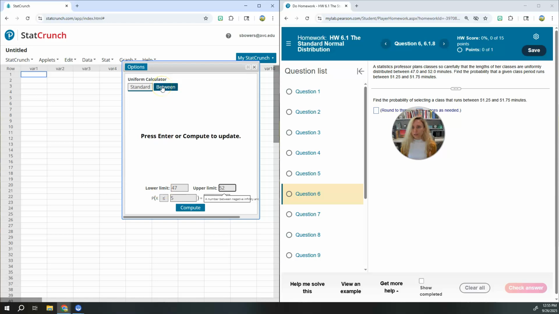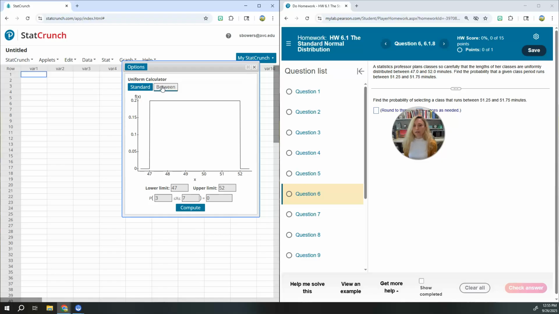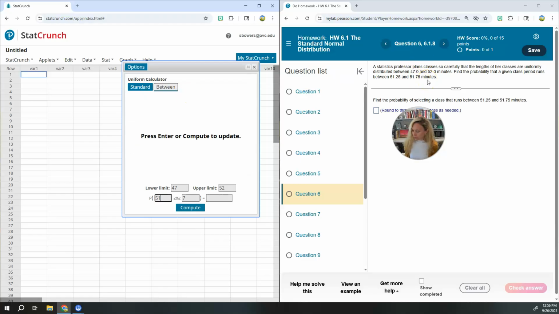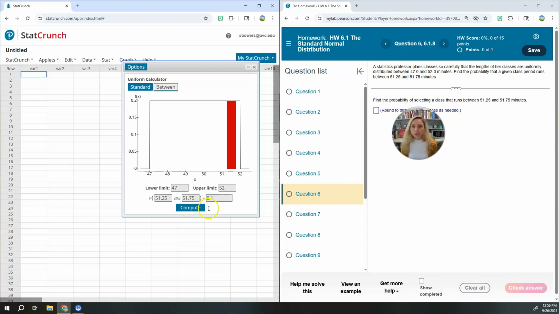Now the question is asking in between, so we will click on the Between button to show the area between the scores. In this case, it's 51.25 to 51.75. The probability is 0.1.